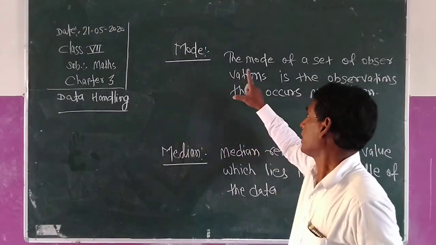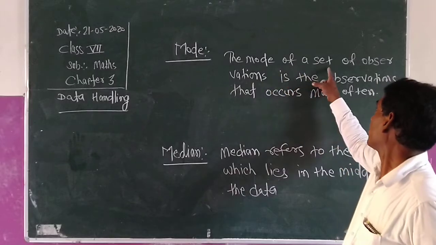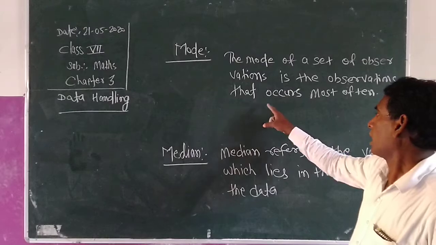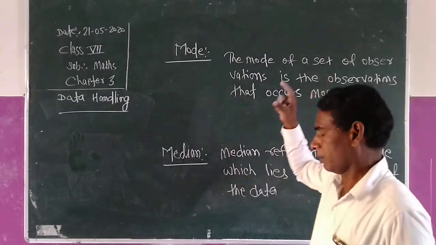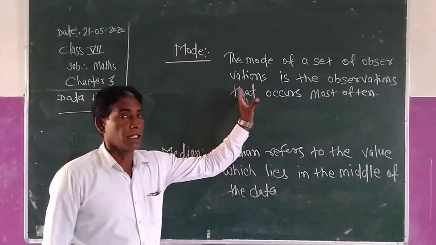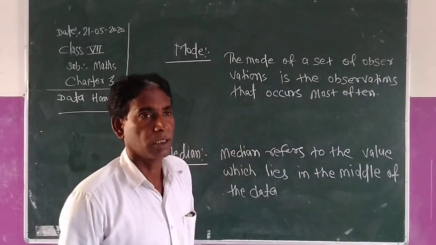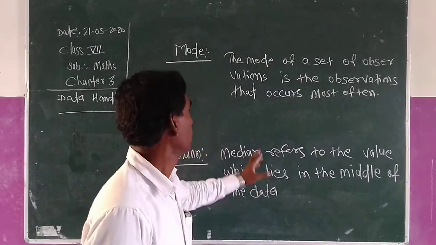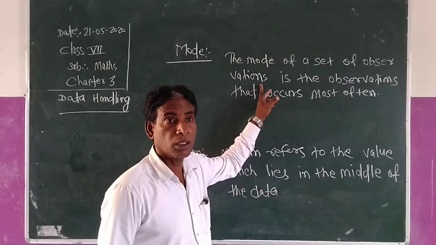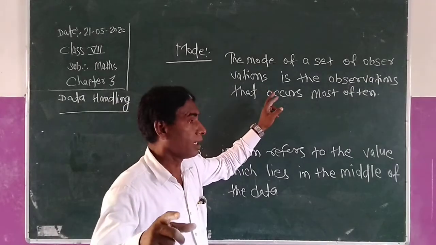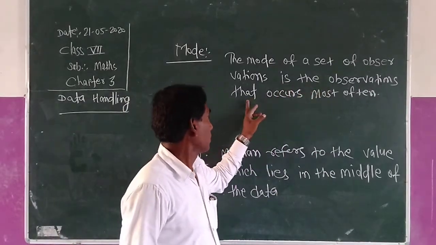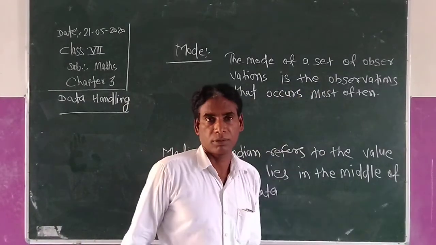Mode. Definition: the mode of a set of observations is the observation that occurs most often. Remember the definition again: if you are given observations, you will find the mode, the observation that occurs most often.